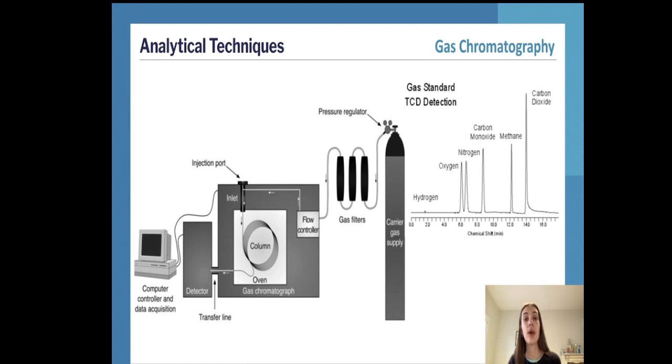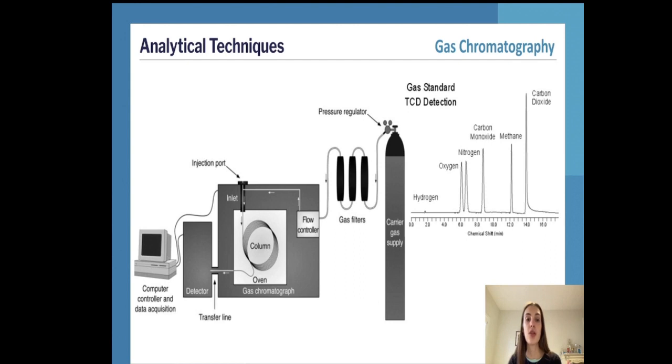And as we know, boiling point is correlated with polarity, because it's correlated with intermolecular forces. This can also provide us with a pretty accurate representation of concentrations of each separate molecule as well, just because we are fully separating them out.